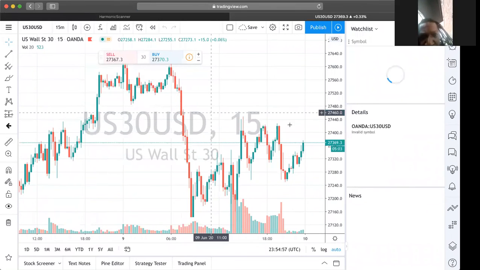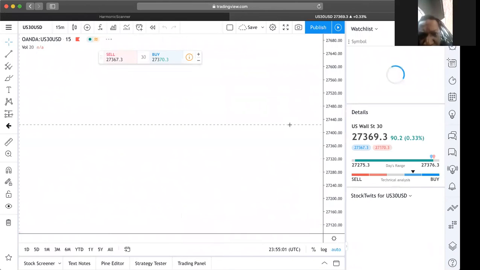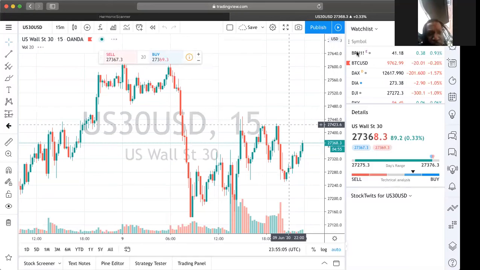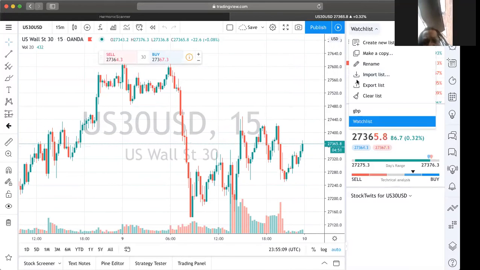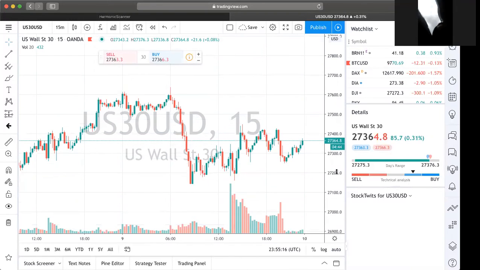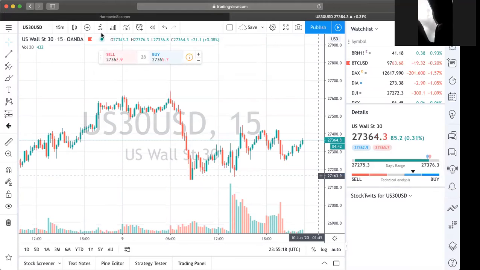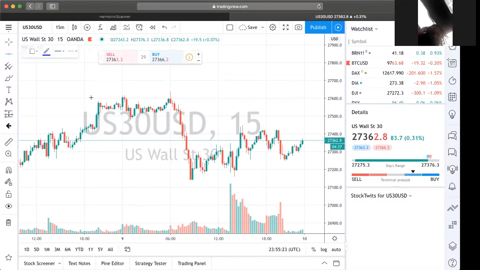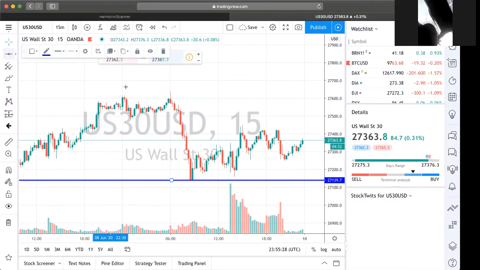I'm going to show you how I do mine. Say for instance, this is US 30, one of the pairs I was saying was really high. To do our support and resistance lines, we find our highs and lows. So this will be considered my lowest point, and this will be considered my high.